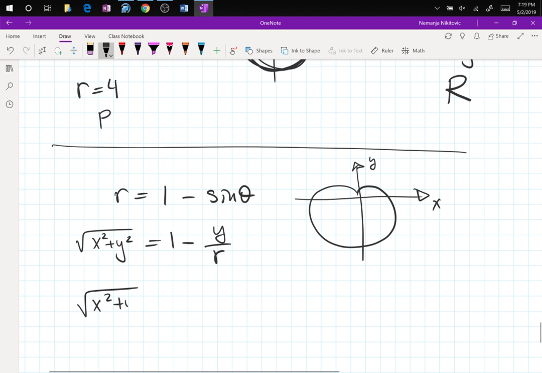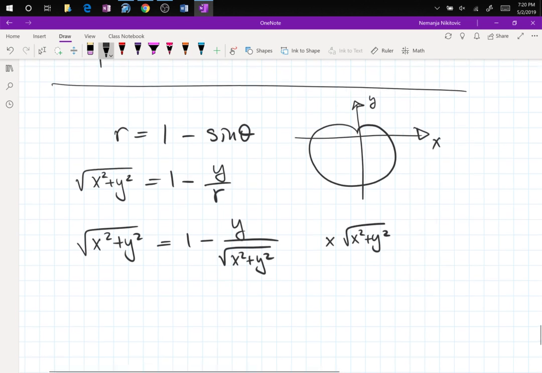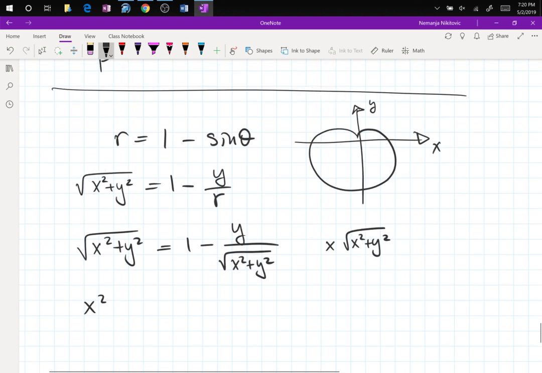So the square root of x squared plus y squared is equal to 1 minus y over the square root of x squared plus y squared. Now you multiply the entire equation by the square root of x squared plus y squared to kill the denominator. Well, that kills the other side as well, which is nice, the square root. You do get the square root over here. And then you have minus y.